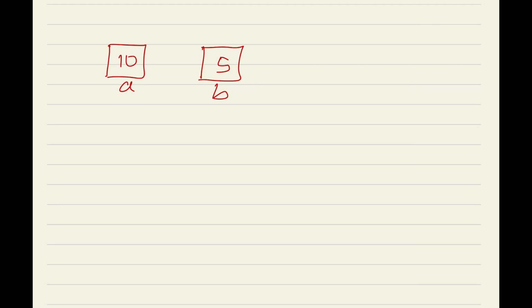In this way, first we can take this value 5 and add it here. If I take this value 5 and add it to 10 in box A, what will be the value? It becomes 15. So in place of 10, the value of A becomes 15.